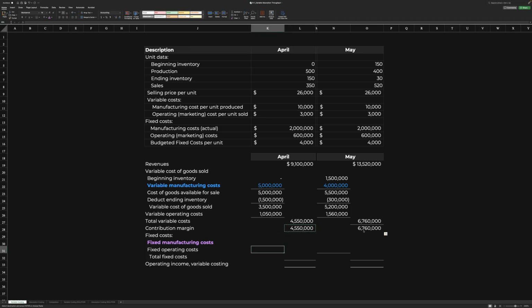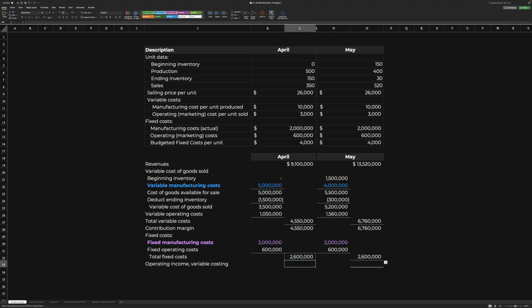Fixed costs were given in the question as fixed manufacturing costs of $2 million incurred, and that is the same for each month. And the fixed operating costs were given to us as well as $600,000, and that was the same for each month. So our total fixed costs are 2.6 million for each month.